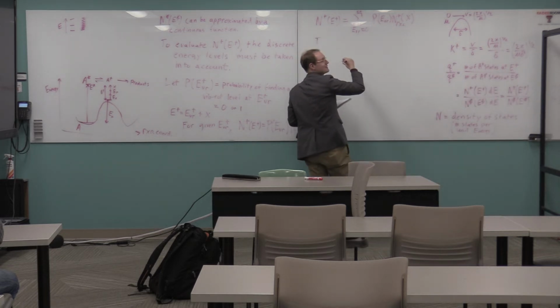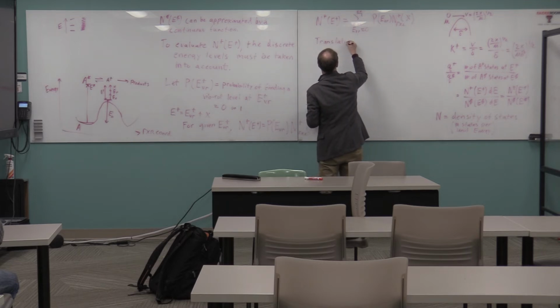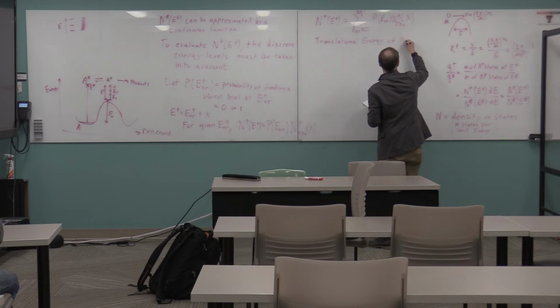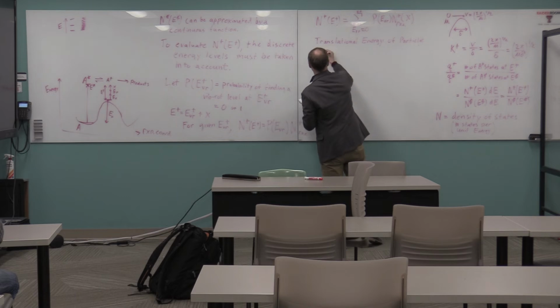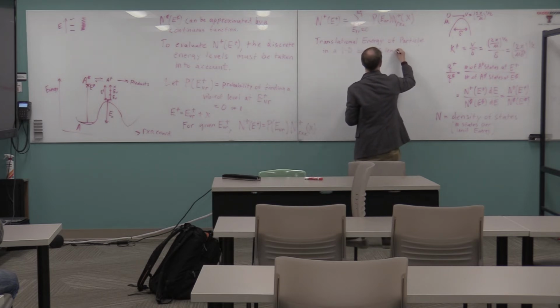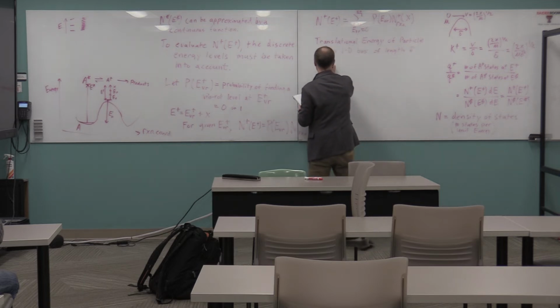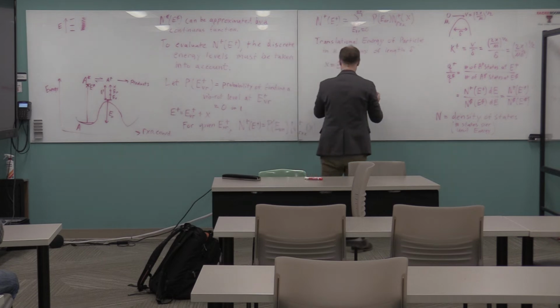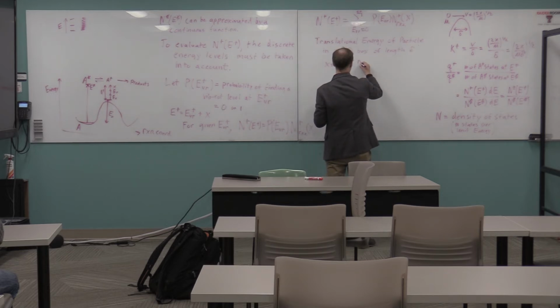So the translational energy of a particle in a one-dimensional box of length delta is the energy of a particle in a box state with quantum number n, and a one-dimensional particle in a box, you might recall, has energy n squared times Planck's constant squared over 8 times the mass times the length of the box squared.